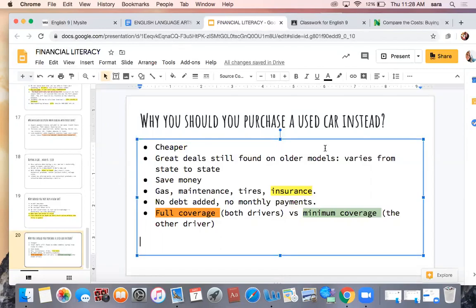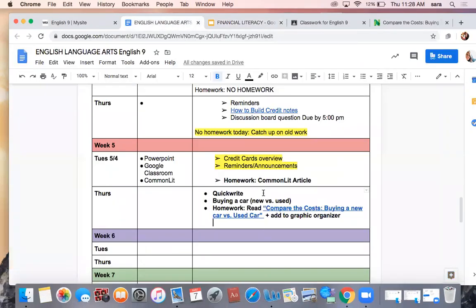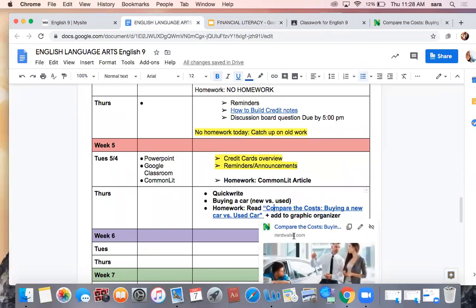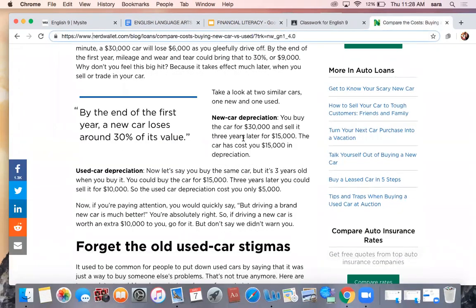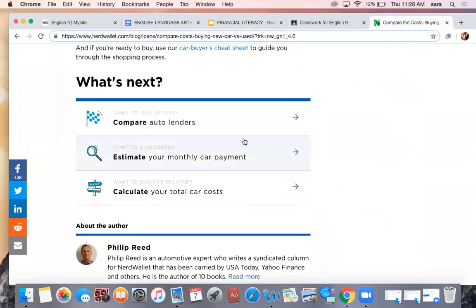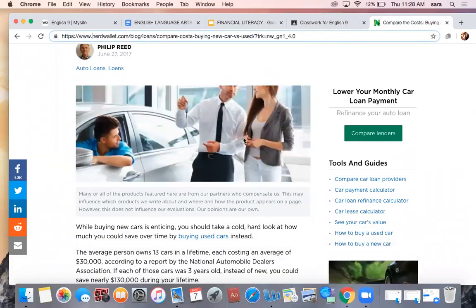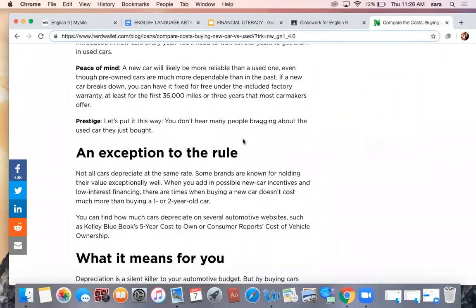Okay, so I'm going to stop right here and explain your homework. Your homework for today will be to read and compare the costs of buying a new car versus a used car. And I linked it here. This is our class plans. It's a small little reading that I want you guys to do.